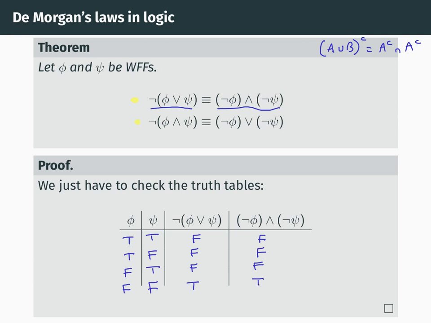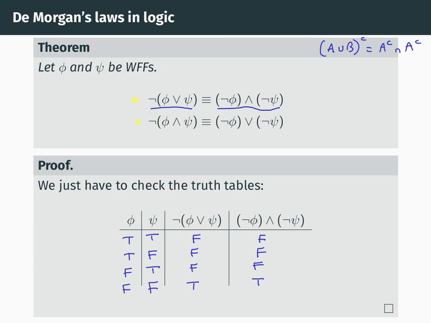In every one of these possibilities, the two formulas had the same truth value. So for any truth assignment whatsoever, the two formulas, not phi or psi and not phi and not psi, got the same truth value, and therefore those formulas are logically equivalent. So that proves the first of the two logical equivalences known as De Morgan's laws.